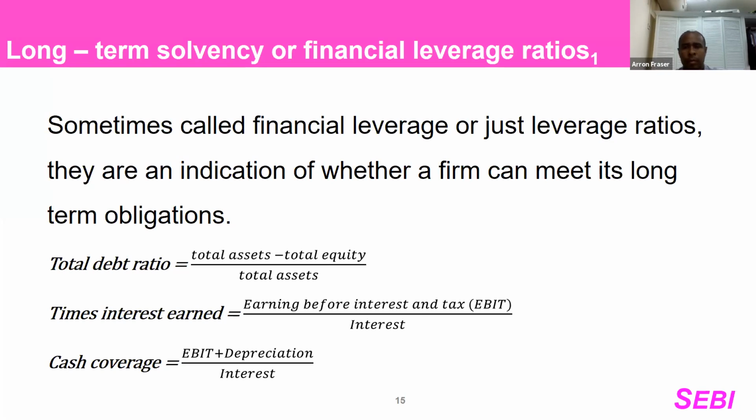Yes, sir. Go ahead. Okay, so there's the debt ratio, which is total liability divided by total assets. Is it the same as the total debt ratio, or does it tell a different story? You're talking about the first one, right? It says total assets minus total equity divided by total assets, right?